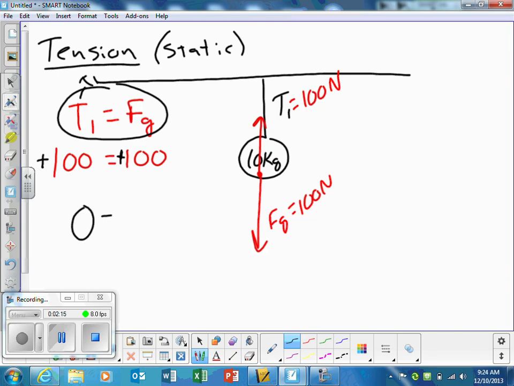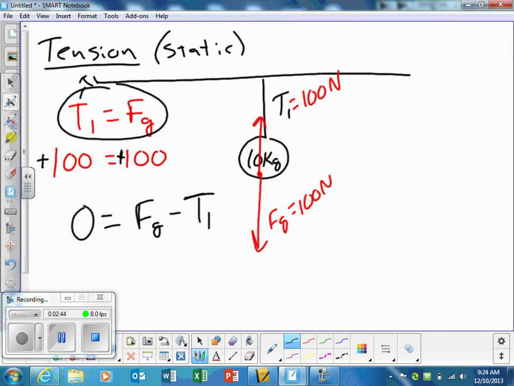So 0 would equal force of gravity minus T1. And that is where our indication of the direction is when they're both on the same side. So if you're talking vector stuff, and you have two numbers on opposite sides of the equals, and they're both positive, then you should know that they're actually opposite in direction.